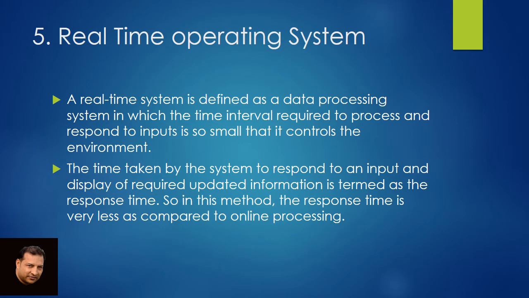Now next is a real-time operating system. A real-time system is defined as the data processing system in which the time interval required to process and respond to inputs is so small that it controls the environment.